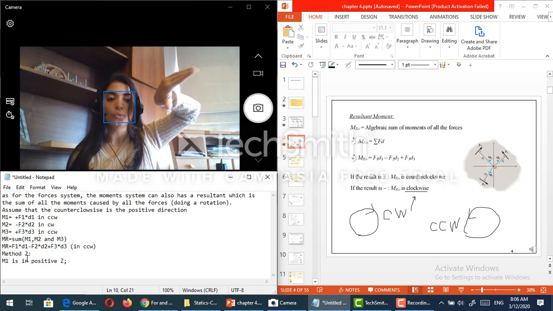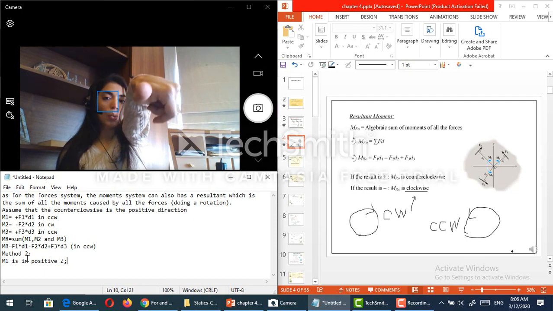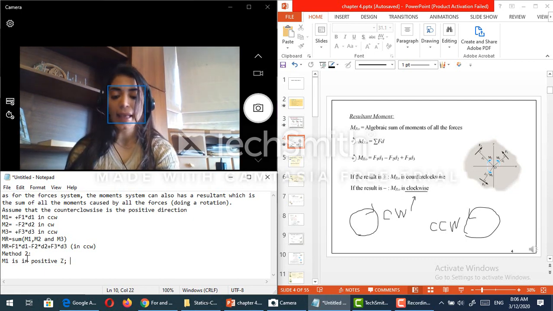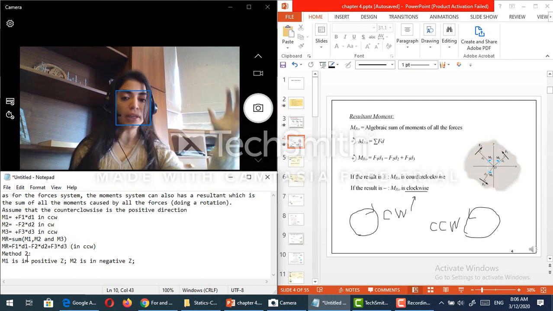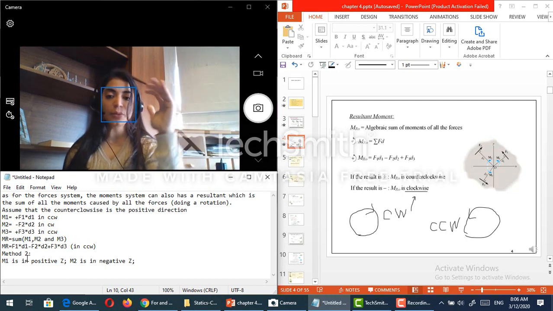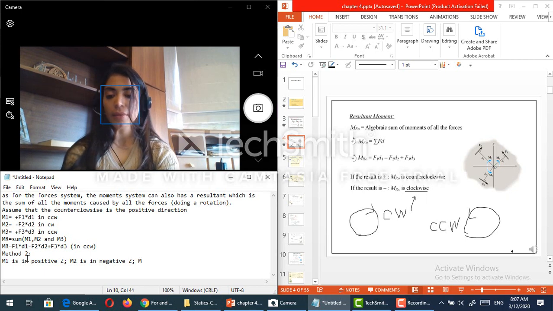This is F2. F2 is going towards you, which means that M2 is in negative z. And finally, what about F3? F3 is doing this rotation, which means it is in positive z because the moment is towards me. So M3 is in positive z.